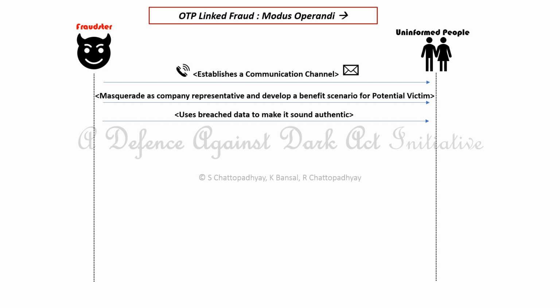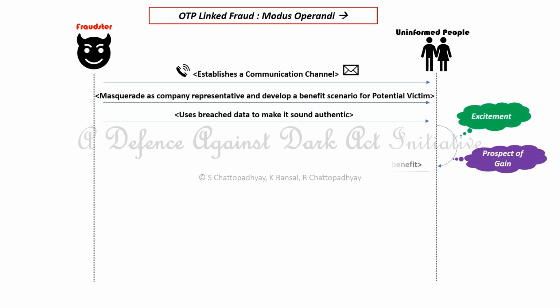And then, the fraudster uses some breach data to make this offer sound authentic, and uninformed people would typically respond with excitement at the prospect of gain, and they agree to provide support to avail the benefit.